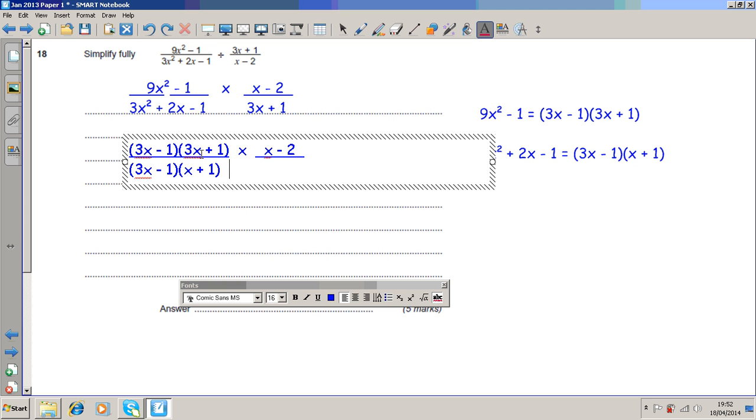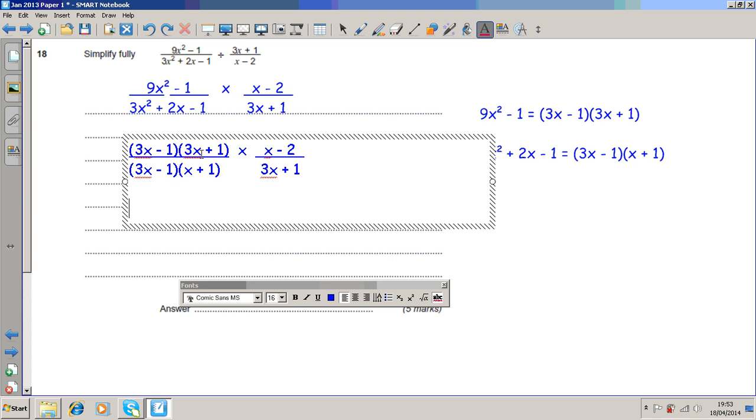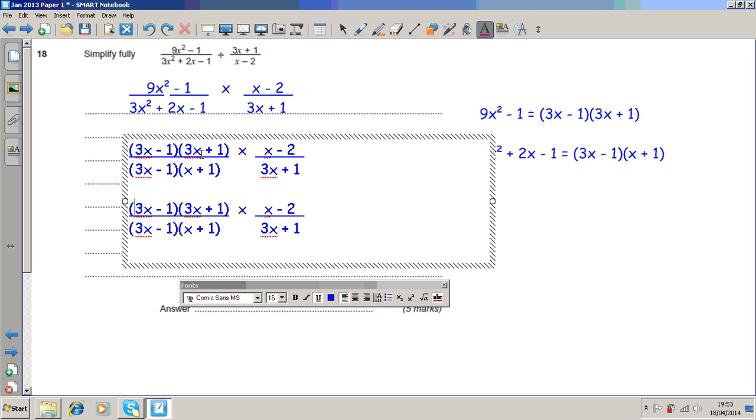I've still got this going on with the other fraction. So now if you're multiplying fractions, you just multiply the top together and the bottom together. So I'm just going to combine them together. So I get to there.